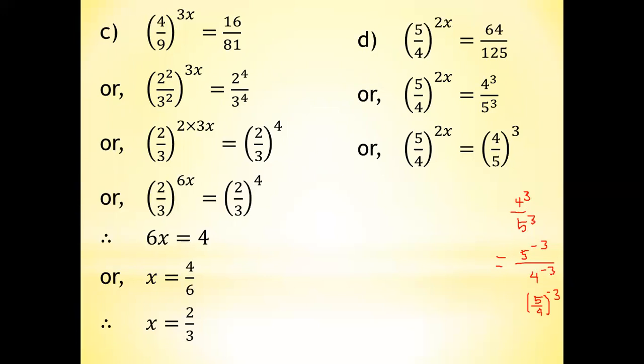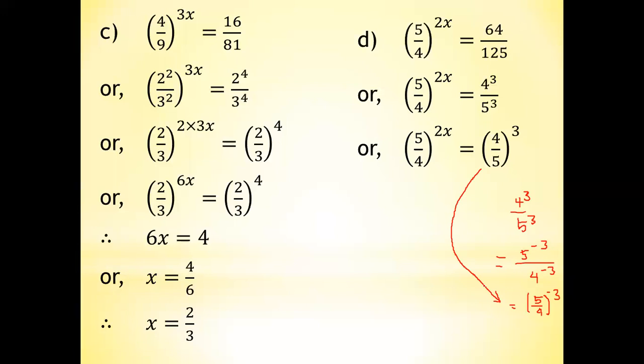Now, again, using the power law, 5 by 4 whole to the power minus 3 is there. So, from this calculation, 4 by 5 whole cube can be written as 5 by 4, but the power will be changed. That means positive will be negative, negative will be positive. That is the crucial idea.